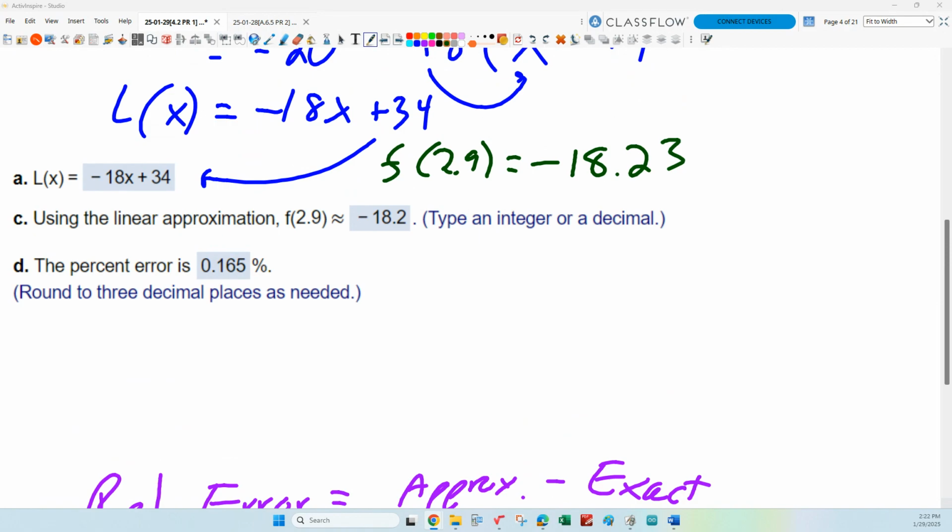How do you know? Is L of 2.9 greater than or less than? It's a little bit greater than, right? So the relative error should be a little bit positive, because we erred on the side of being a little too big.